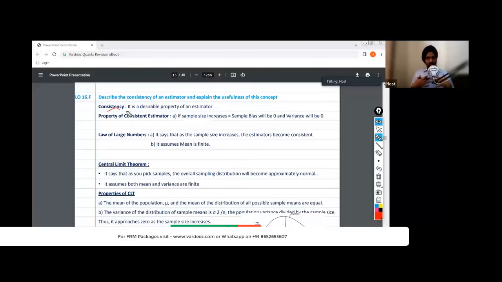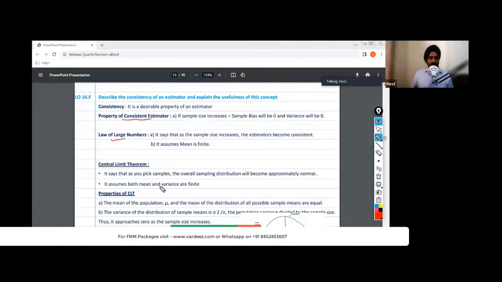As an analyst, I want two things: my estimator should be unbiased and my estimator should be consistent. Now, the property of a consistent estimator: if the sample size increases, the bias will be 0 and the variance will also be 0. It's the same thing, just in other terms.